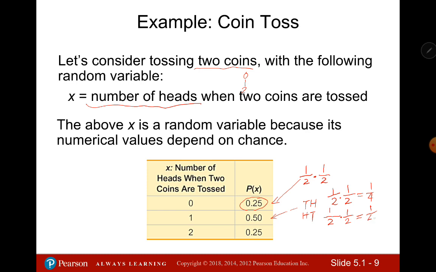So another 1/4. Put them together, 1/4 plus 1/4, we got 1/2. That's how we get it. Similarly, we get 1/4 for the last one. After we list all of the probabilities, we have two columns: one column of different values, another column of probabilities.